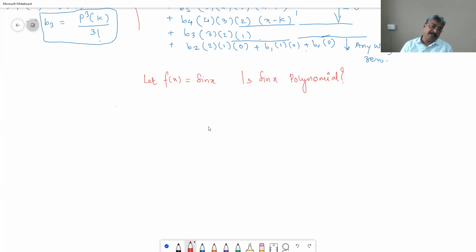If the leading coefficient is negative, they go to minus infinity. Sine x will not move below minus 1 or above plus 1. That is another reason why we can say sine x is not a polynomial. Correct? Second explanation.